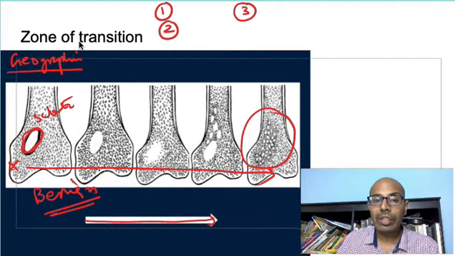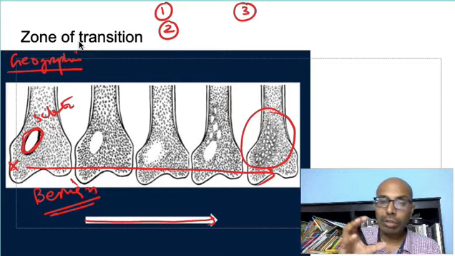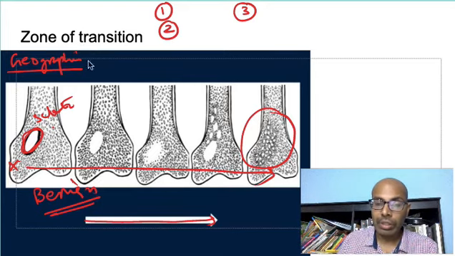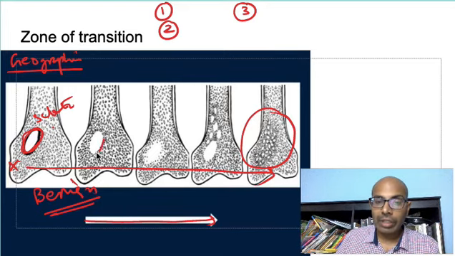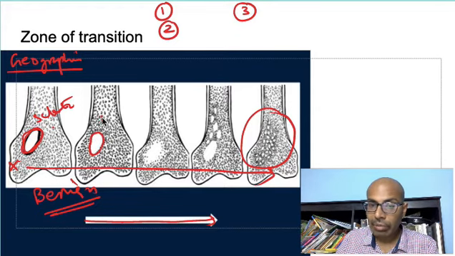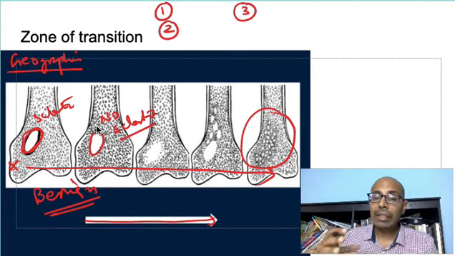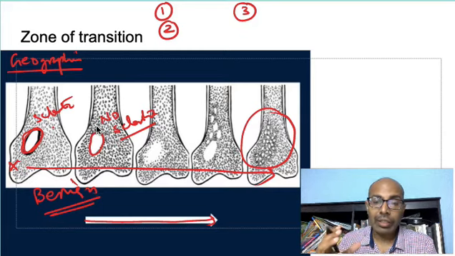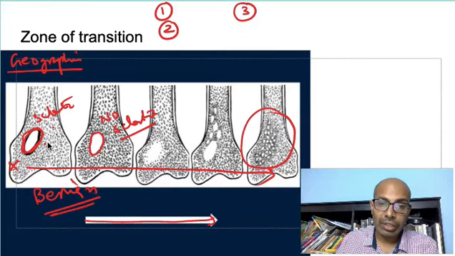The lesion is well walled off between the normal bone and the tumorous bone. Here also the lesion is well circumscribed, but there is no sclerotic margin. This is also called a geographic lesion without a sclerotic margin, and this is also benign, but slightly more aggressive than the previous version.